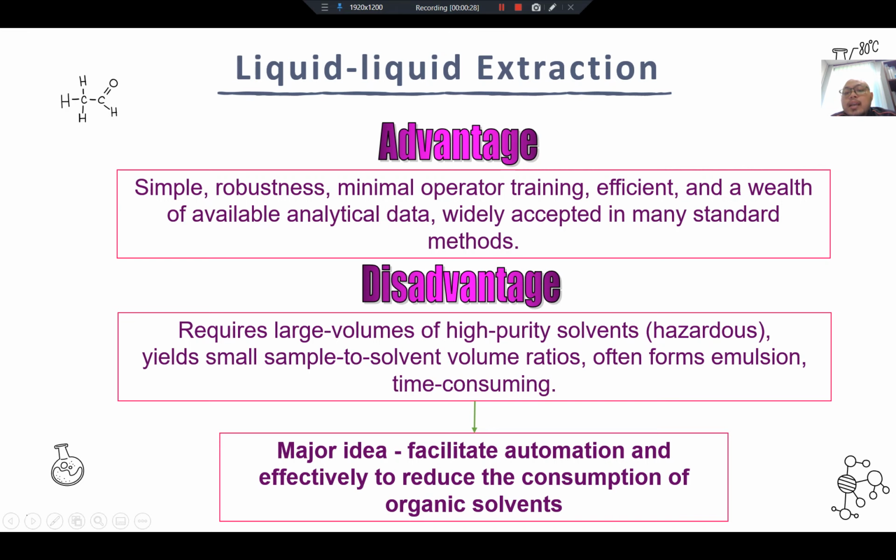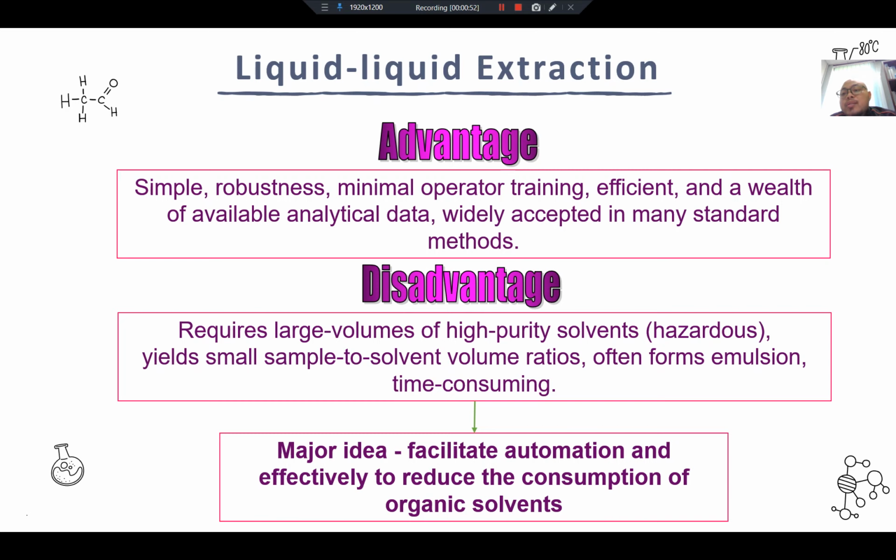Efficient as well, and a wealth of available analytical data. What is meant by wealth of available analytical data? Because liquid extraction is one of the common standard methods employed in industry and in analytical methods. So it's widely accepted in many standard methods. Most of the standard methods still prefer liquid extraction over modern extraction methods.